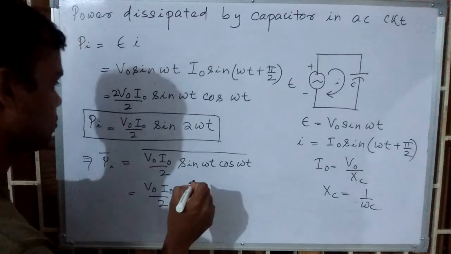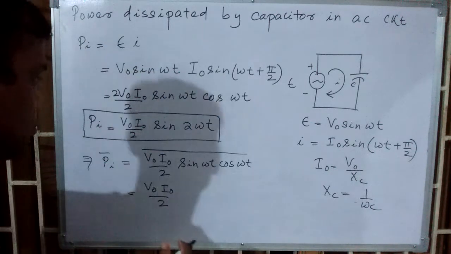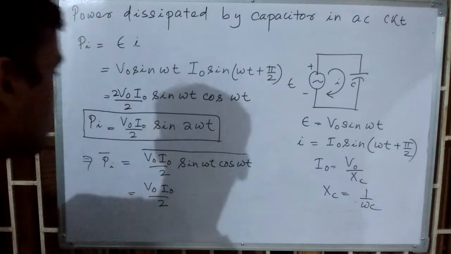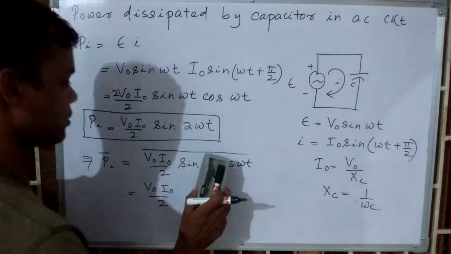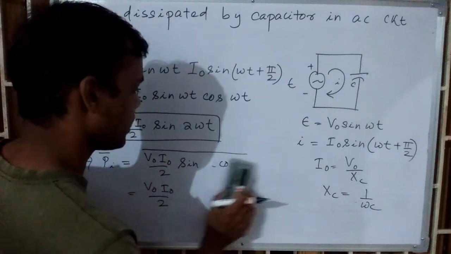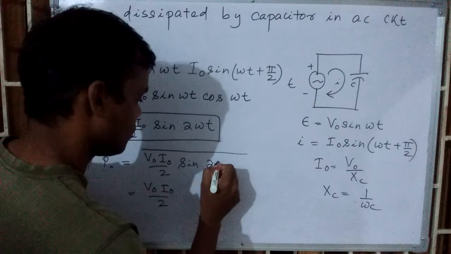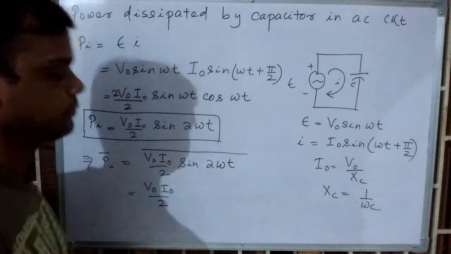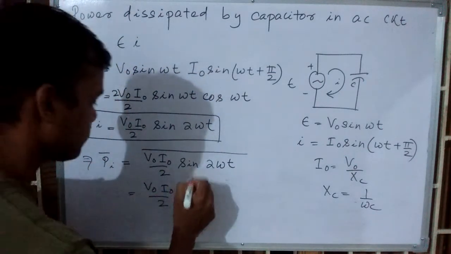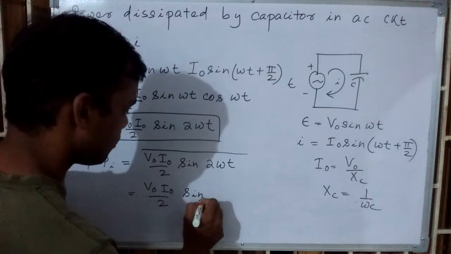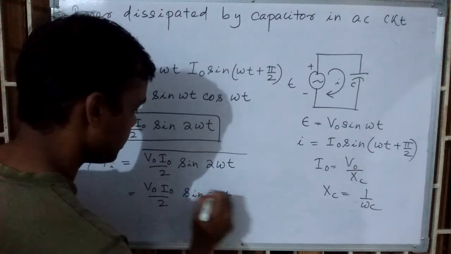Sorry, there is a big mistake, it's sin 2 omega t, sin 2 omega t. Now it will be the average of sin 2 omega t.